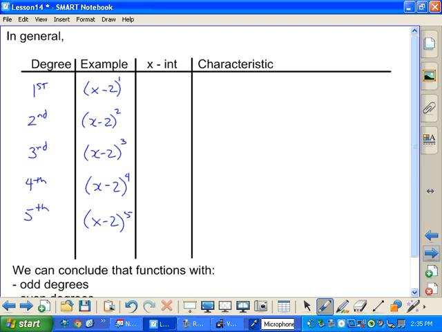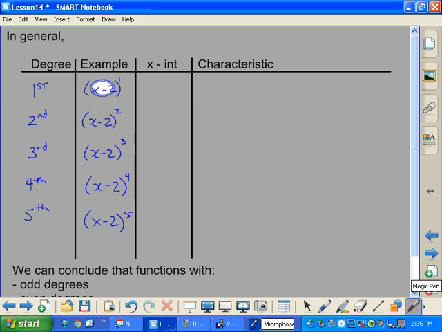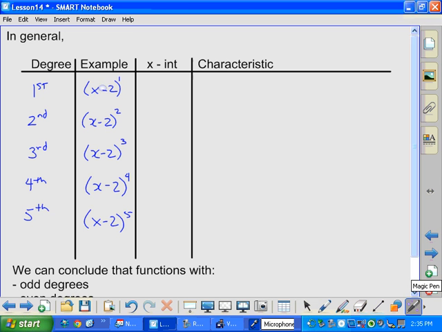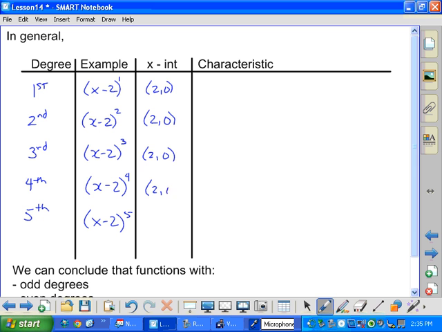So we're looking at the x-intercept. Where is the x-intercept? The x-intercept occurs where this bracket is equal to 0. So all the way down, the x-intercept is at the point 2, 0. Okay? x would have to be a positive 2. The x-intercept occurs when the y value is 0.